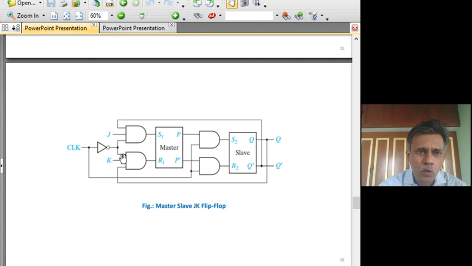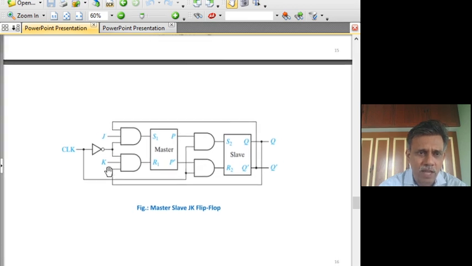The other inputs are J and K, which are the external control signals. Along with J, you have ANDed Q bar. Along with K, you have ANDed Q, in order for the JK functionality to work. Now let us see how this master-slave flip-flop should work.